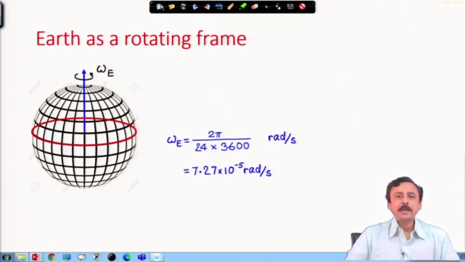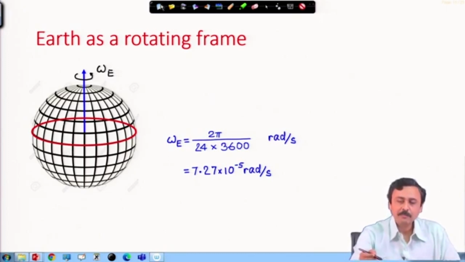But this small angular velocity can create havoc, as you know. It can damage buildings, break houses, uproot huge trees and do what not. Therefore, the effect of Earth's rotation can be grand, even though in many situations we do neglect it.